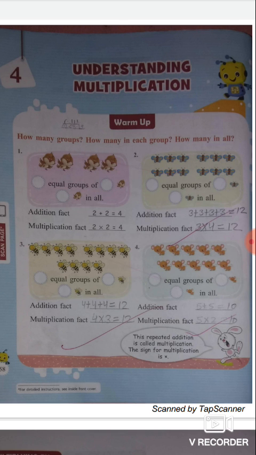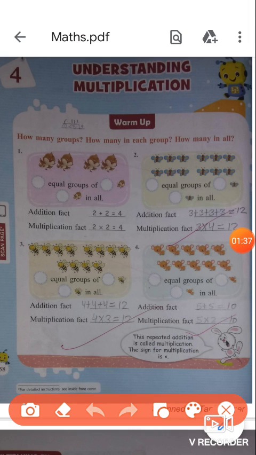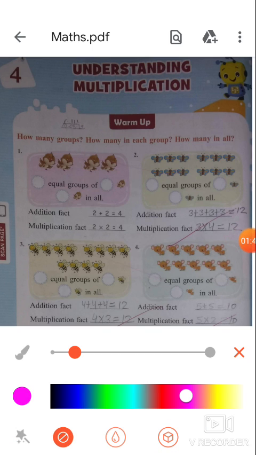So students, in the first picture there are two groups of two birds. This is the first group of birds and this is the second group of birds. In the first group there are two birds and in the second group there are also two birds. So it means two equal groups of two birds.